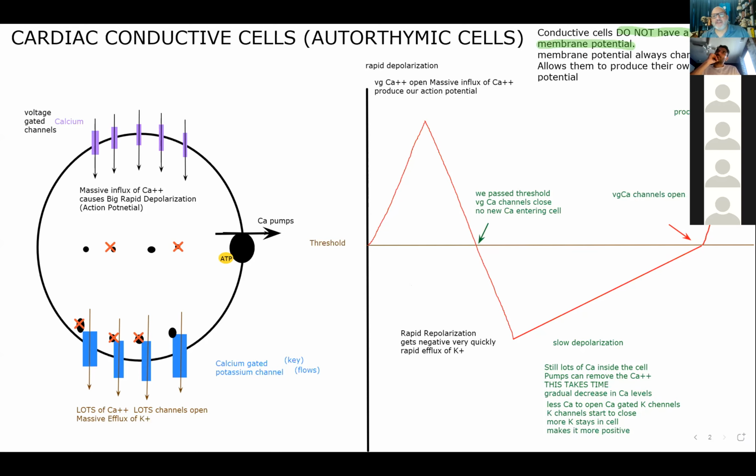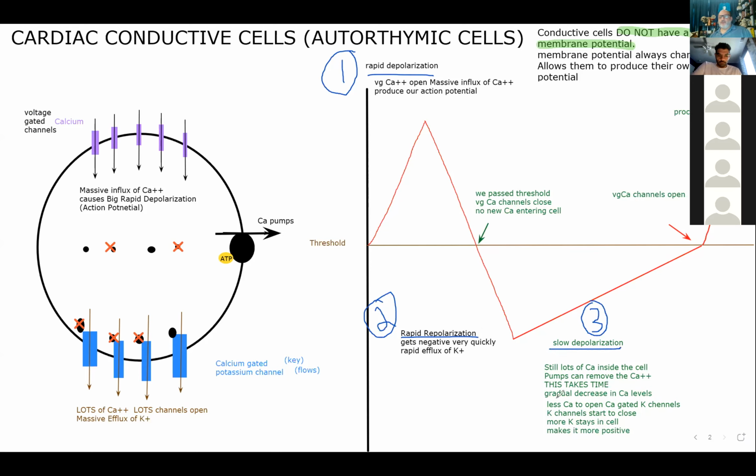And notice with that, there are basically 3 main stages to this process. We have the rapid depolarization. We have the rapid repolarization. And then we have the slow depolarization.